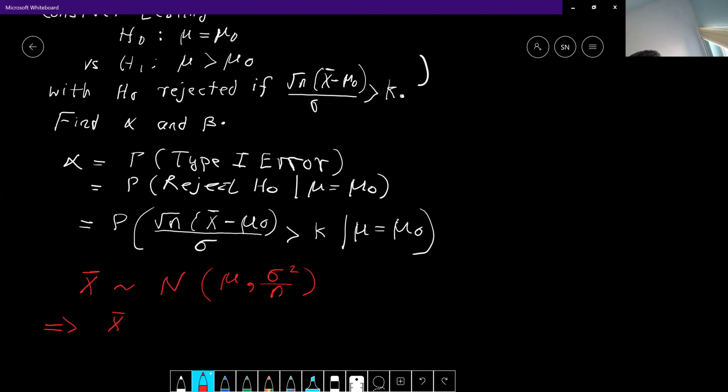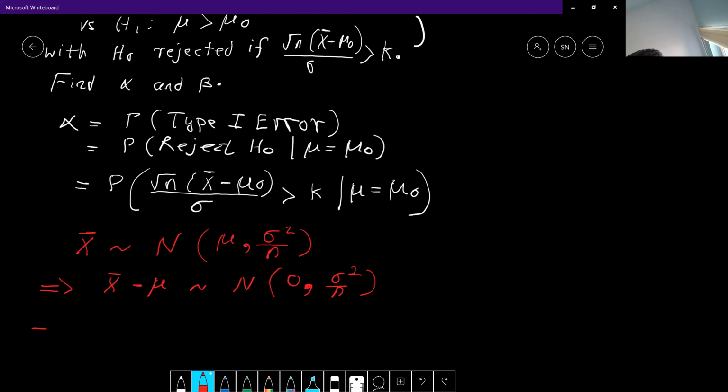that x bar minus mu has a normal distribution with parameters 0 and variance sigma squared by n, which implies that root n divided by sigma times x bar minus mu has a normal distribution with parameters 0 and 1.